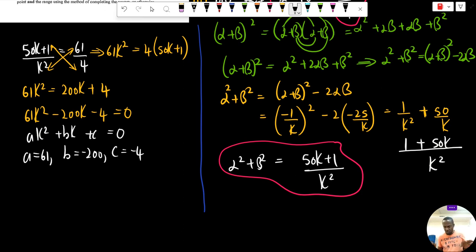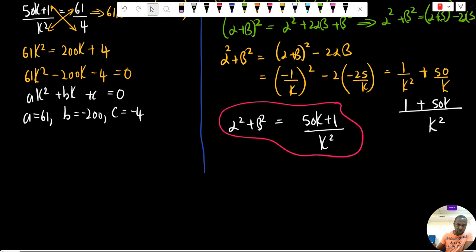Now, usually, when we have small, nice numbers, we try to find the product ac, and of course, we try to find the factors of ac which also add to give b, and we try to factorize. But these numbers are not so small and not so nice, so we're not going to even try to factorize this, right?